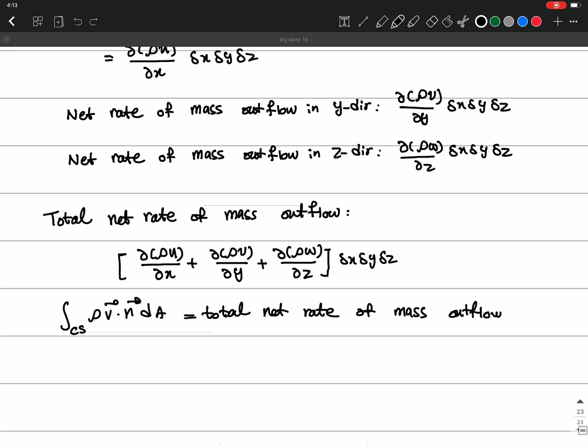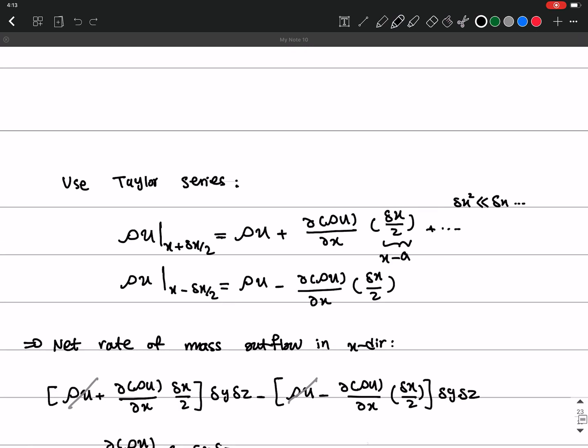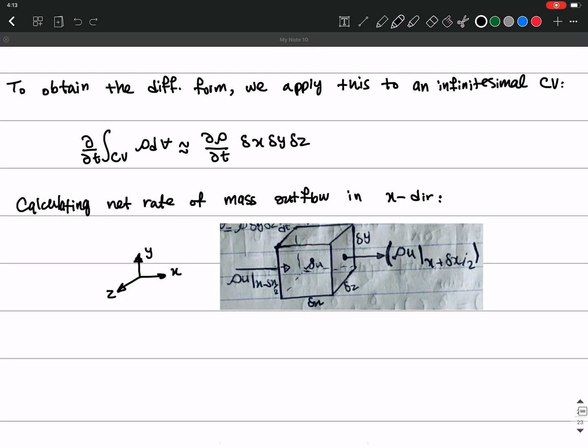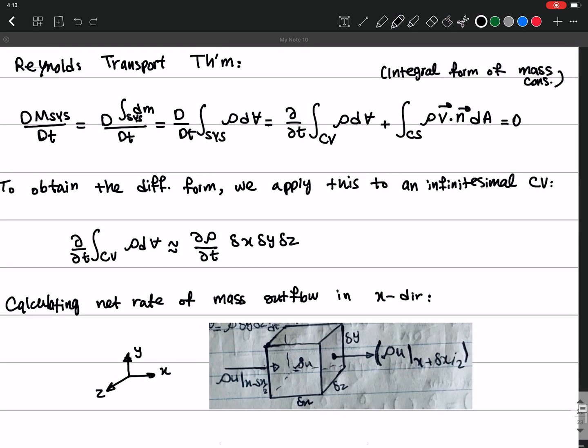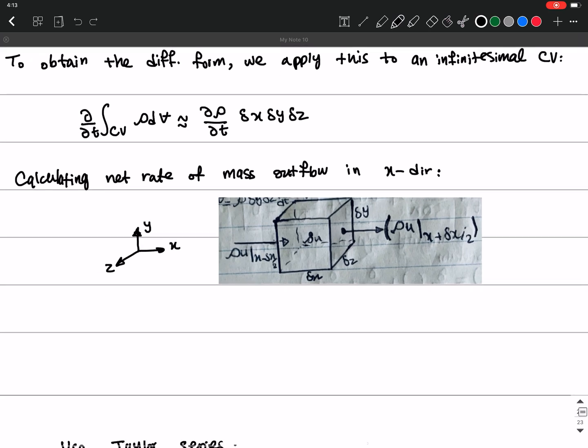Okay, so now let's combine everything together and see what we have. So we had this partial rho over partial t from the first term, right? This is the first term. I can write it as this for in the differential form.